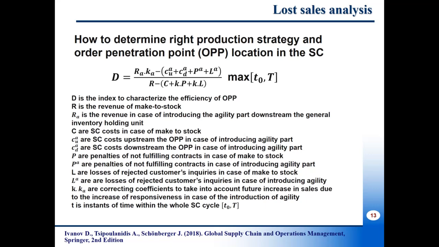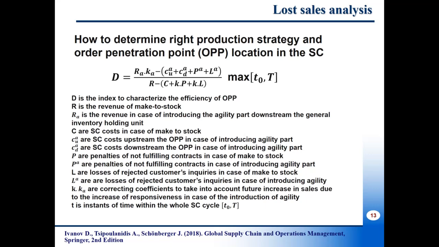Although recent literature focuses extensively on the lean versus agile issues, there is a lack of quantitative analysis methods to support the managerial decisions on the location of the order penetration point.